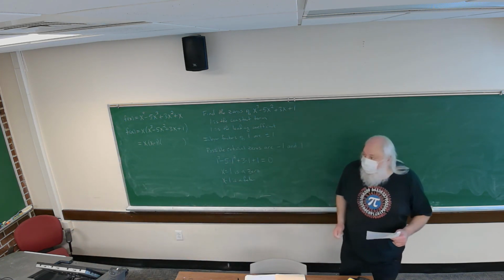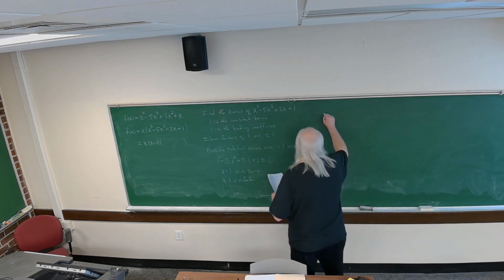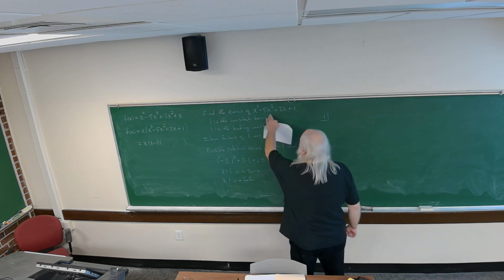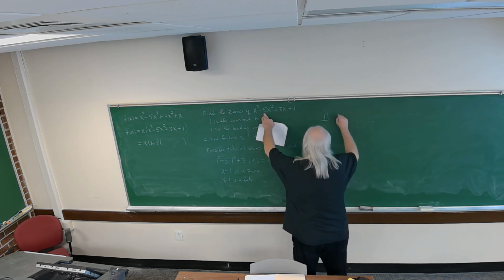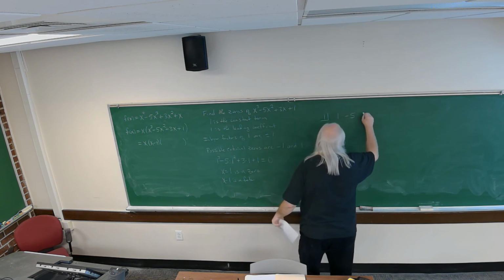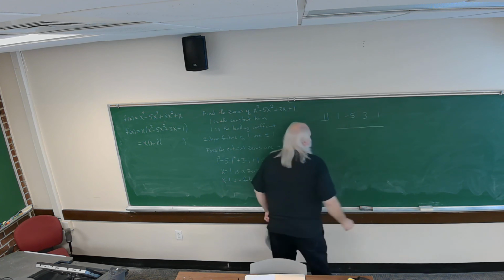Is everybody following me so far? So 1 goes in the box, and then we write out the coefficients of our third degree polynomial, which are 1, minus 5, 3, and 1.